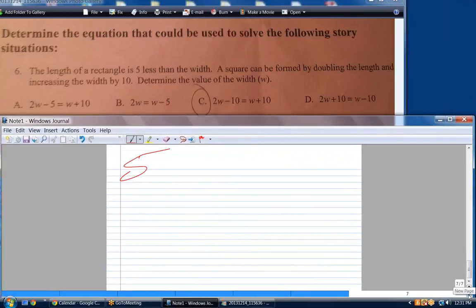Half my difficulty here is setting up my whiteboard so I can write on it. Okay, how are we going to go about this one?